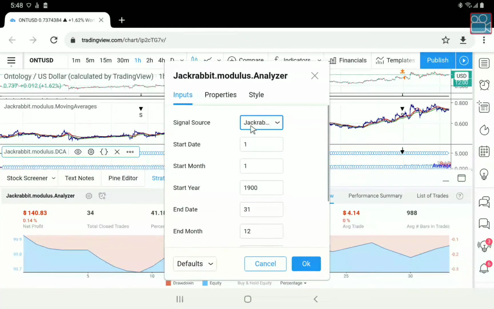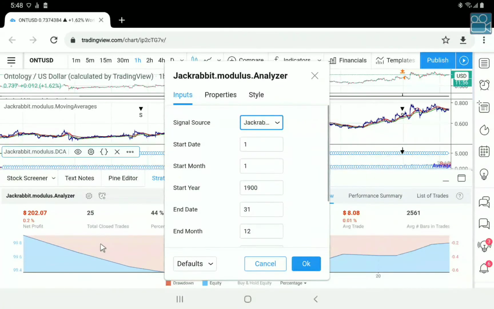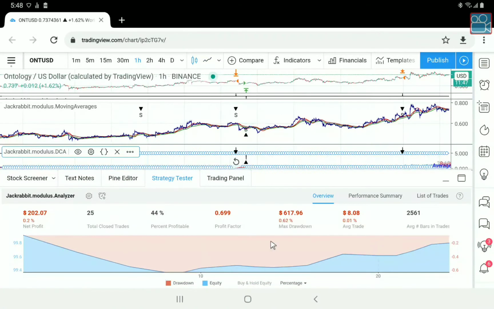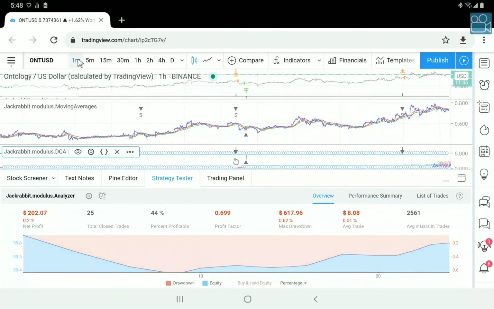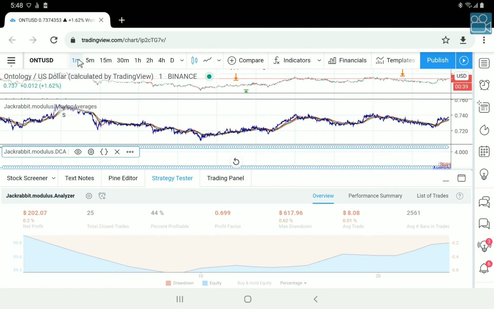So as you can see, even with dollar cost averaging, my budget is too restrictive. Things to always try and look at: if you stay within a smaller time frame, your budget is going to work well for this coin. But if you try to go to a larger time frame, it's going to sink your budget.